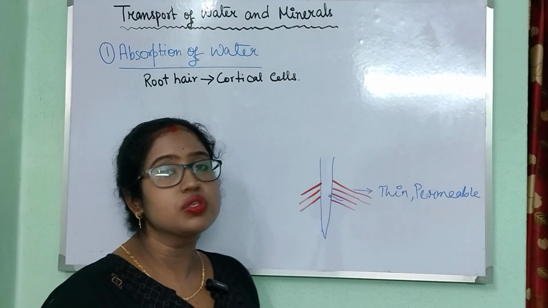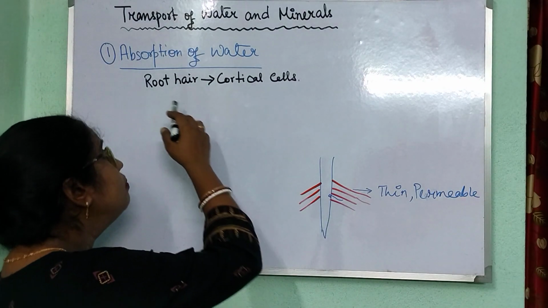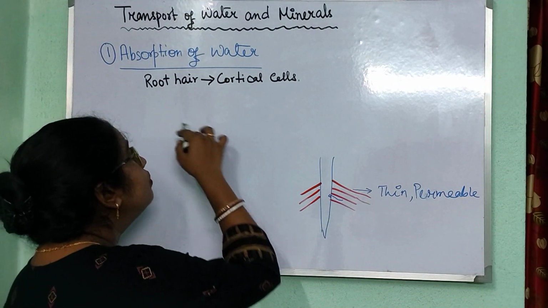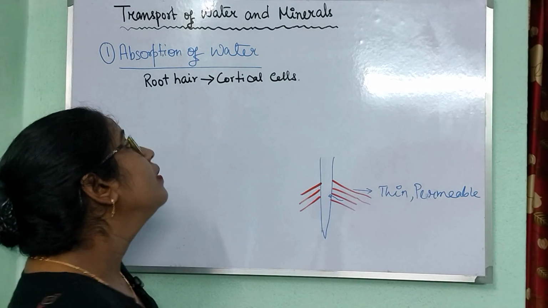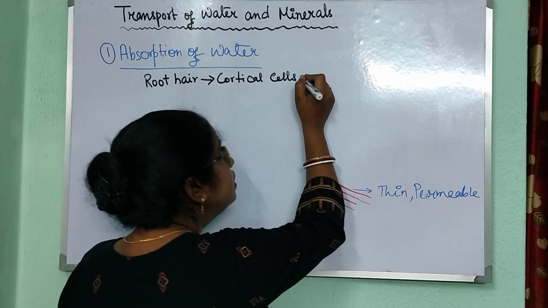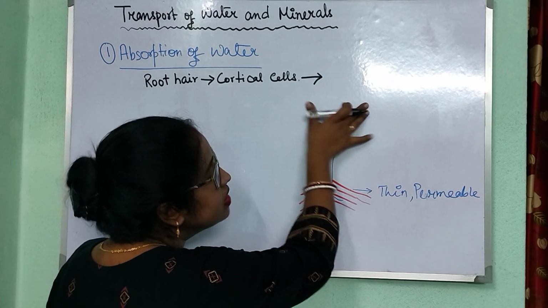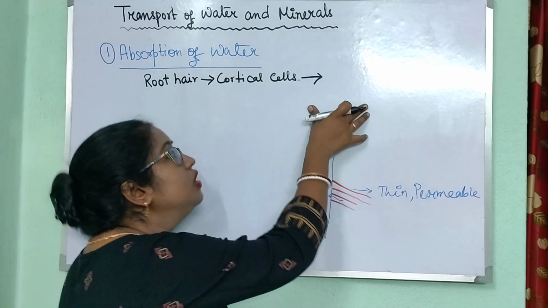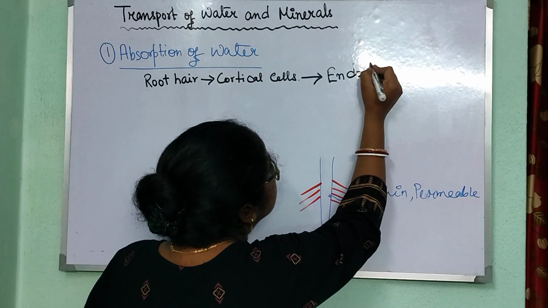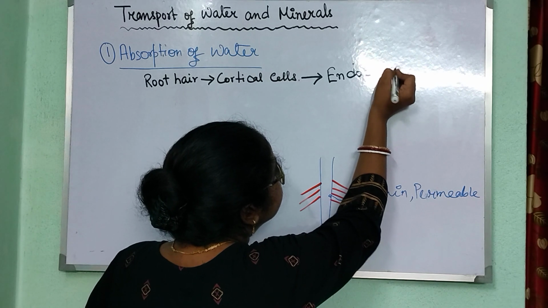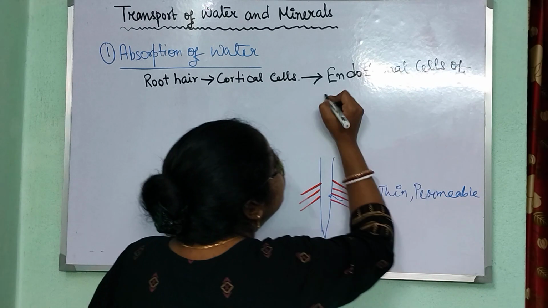So in this case, the osmotic pressure gradient is created, and the water moves from the root hair cell to the cortical cells of the root. After that, due to this concentration gradient, the cortical cells transfer the water into the endodermal cells of the root.